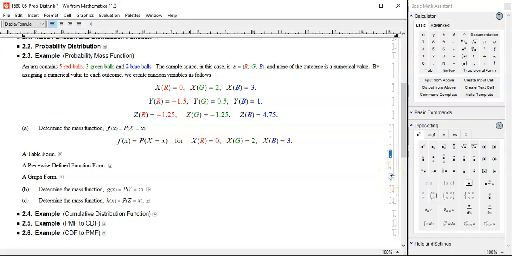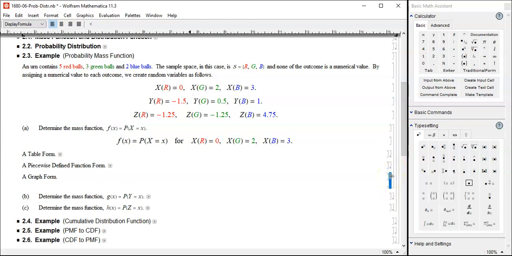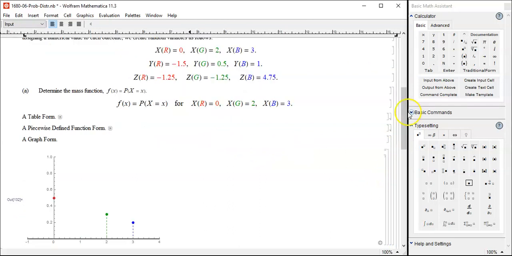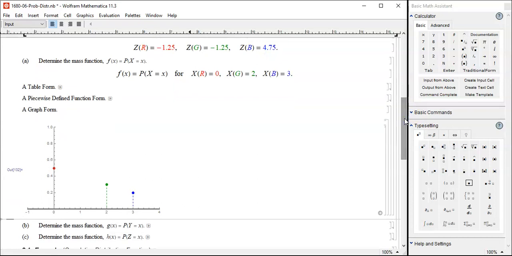Let's go to the graph of this thing, and the graph looks like this. We have three colors, RGB, so we have three masses. And what are those x values, possible payoff values? Those are 0, 2, and 3 respectively. Do you see this? 0, 2, and 3.